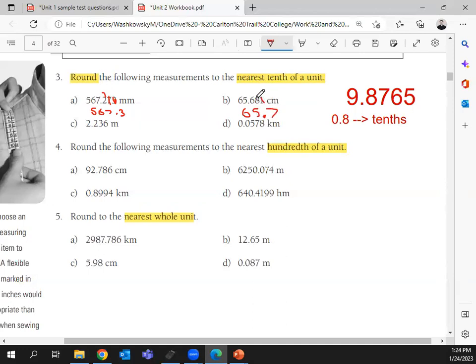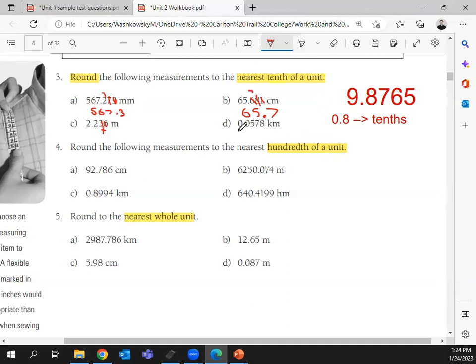The 8 is higher than 5, so we take the 6 and move that up to a 7. You bet, 65.7. This next one here, 2.36. This 6 turns this 3 into a 4, but that 4 is still lower than a 5. So this whole thing is just 2.2, and that's it.